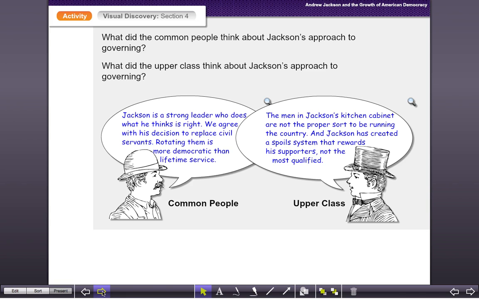So there you've got two opposing points of view about Jackson's approach to governing, talking about things like the spoils system and the kitchen cabinet. Those are terms you're going to want to make sure you're familiar with. There's a couple of examples for you, but again, make sure you read through the sections and apply that information to your notes. Then the question remains, do you think this promoted democracy, and explain why or why not? We'll leave that to you because that's the big higher order thinking question here.